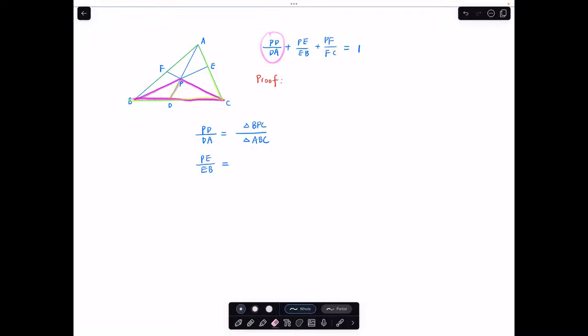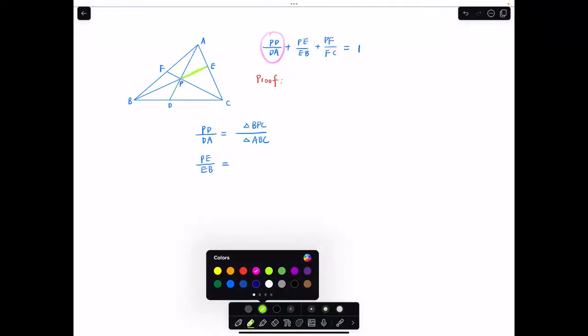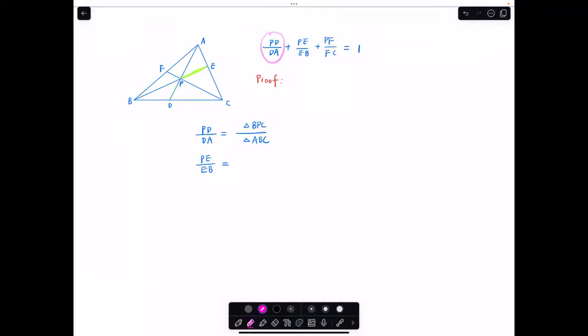Okay, let's erase this marking here. Okay, let's erase that. So here we're talking about PE over the longer one, which is this one, EB here.